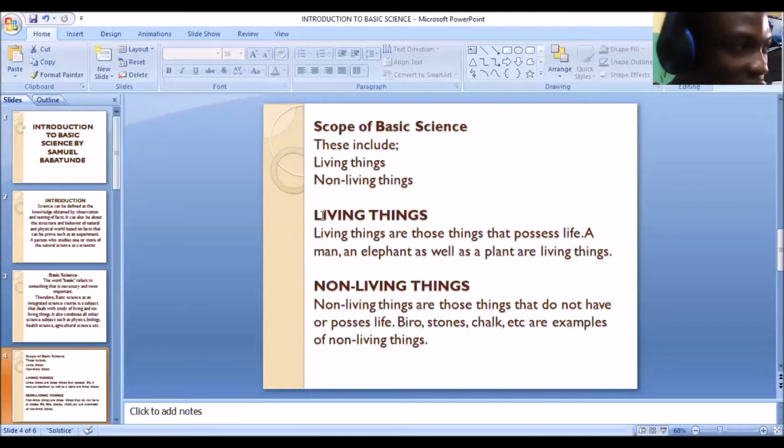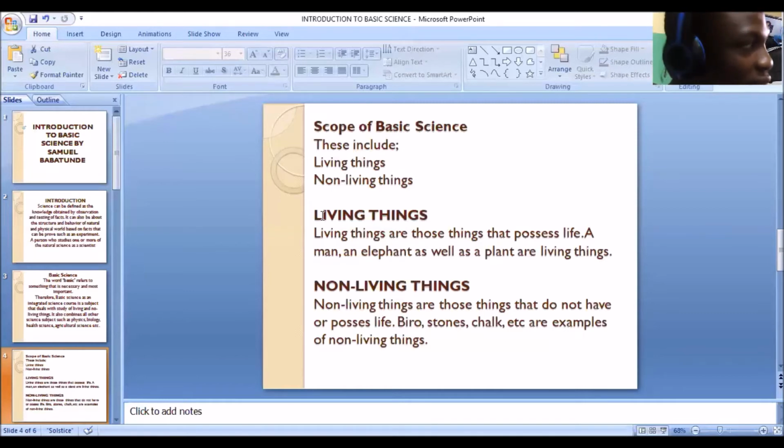Then non-living things. Like I said, living things are things that possess life. Now, non-living things are those things that do not have or possess life. It's just the opposite of living things. For example, biro, the stones, the chalk, various things, your books, even your pencil, they do not have life.